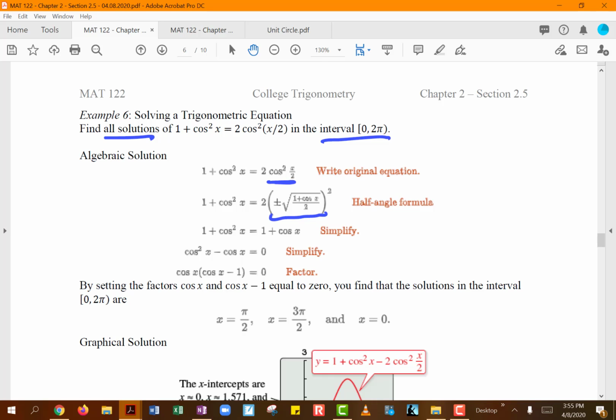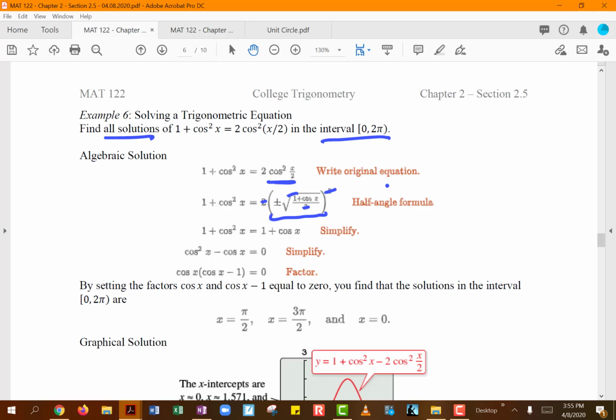formula over here, right? So we're making that substitution, and then basically when you take a square and a square root, of course your square cancels out your square root, right? And once you get rid of the square root, then this 2 on the denominator will cancel out this 2 on the outside, and that's why you are left with 1 plus cosine of x.